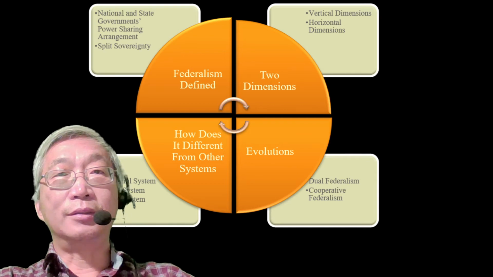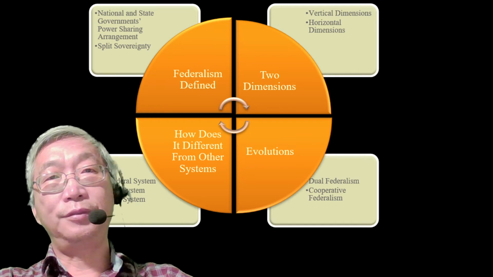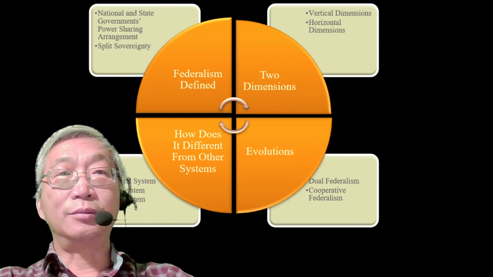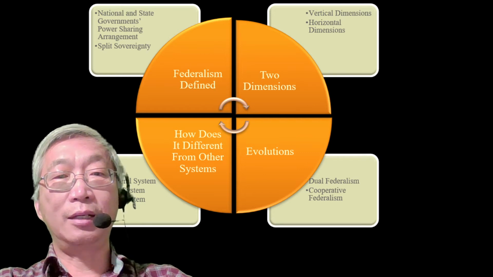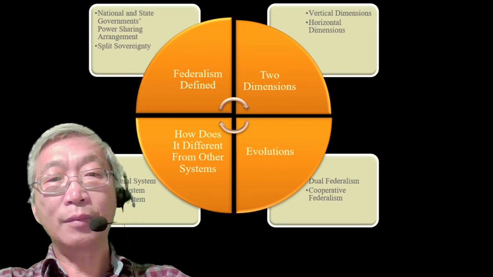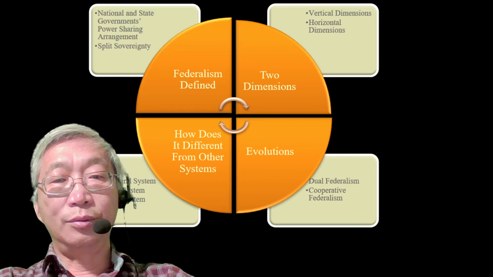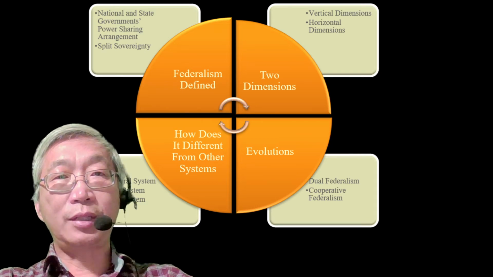The states are struggling to retain their powers, and the federal government has been reaching out to interfere or step into the state turf and to nationalize a lot of policies and laws. So the two sides are still fighting with one another.